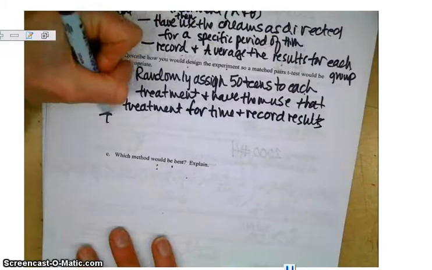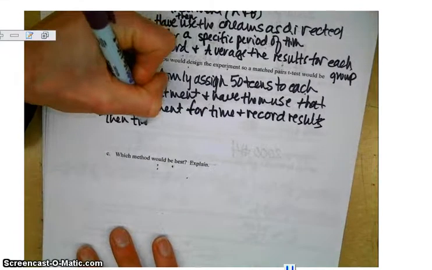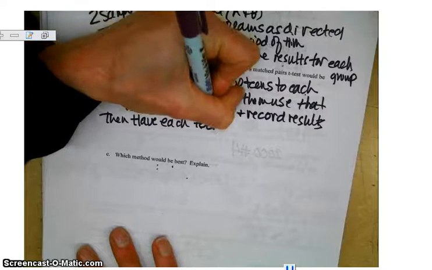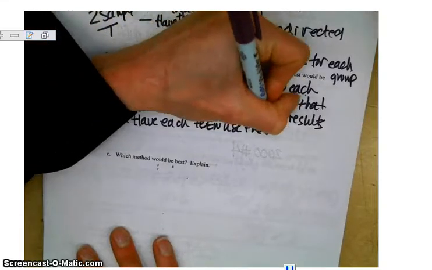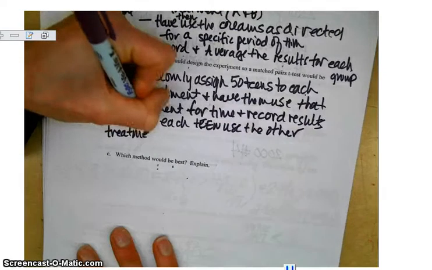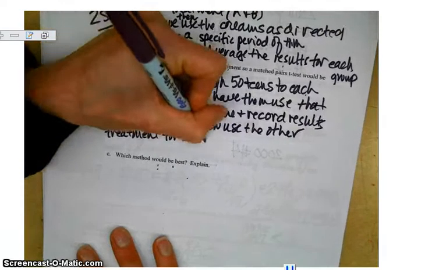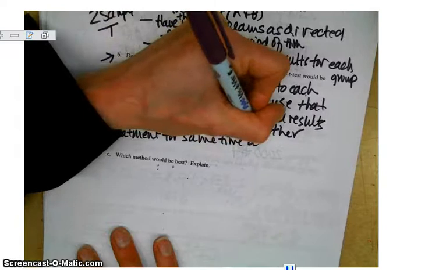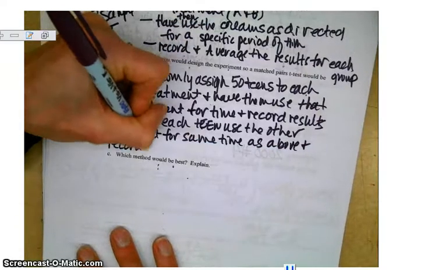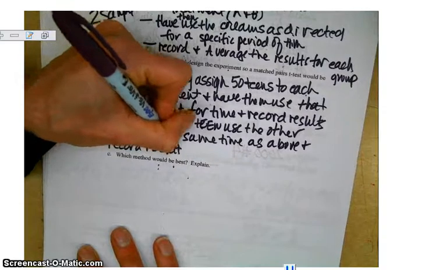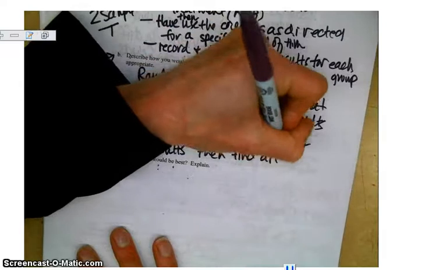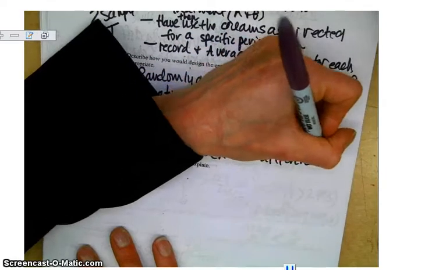Then have each teen use the other treatment for the same time as above and record results. Then find the differences in results.